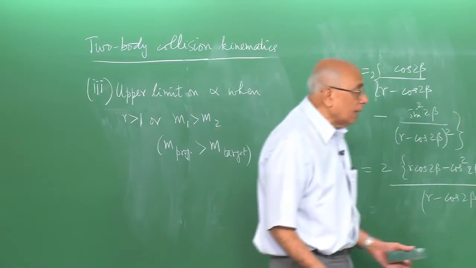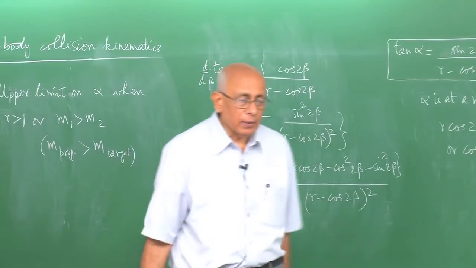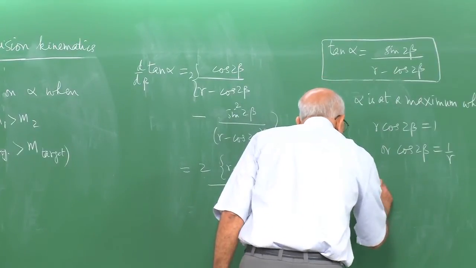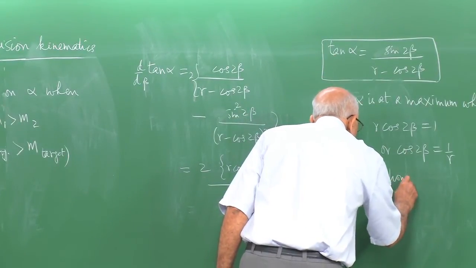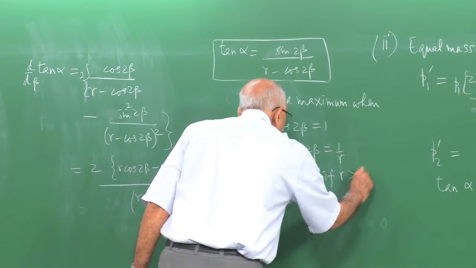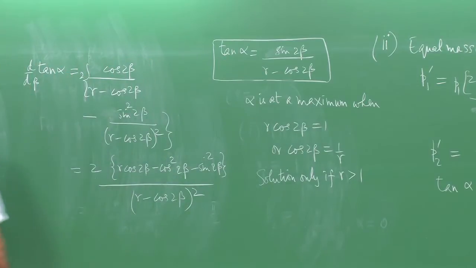But cos of anything has to be less than or equal to 1 in magnitude. So there is a solution to this, a physical solution, only if r is greater than 1. That is precisely the case we are looking at.